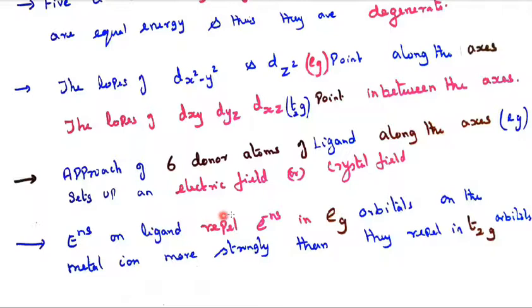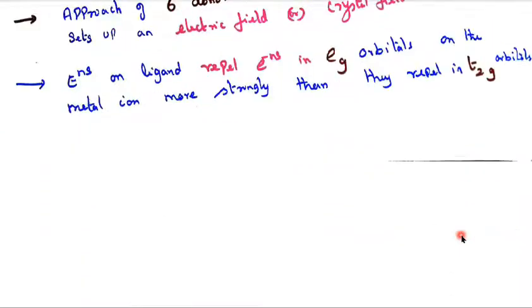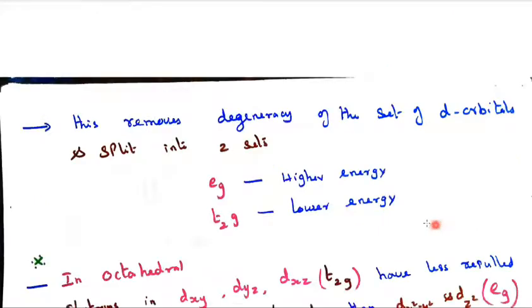The ligand's electrons are repelled by the Eg orbitals of the metal more strongly than by the T2g orbitals. This removes the degeneracy. That means when the ligands approach the metal atom, the set of d orbitals splits into two sets, Eg and T2g orbitals.